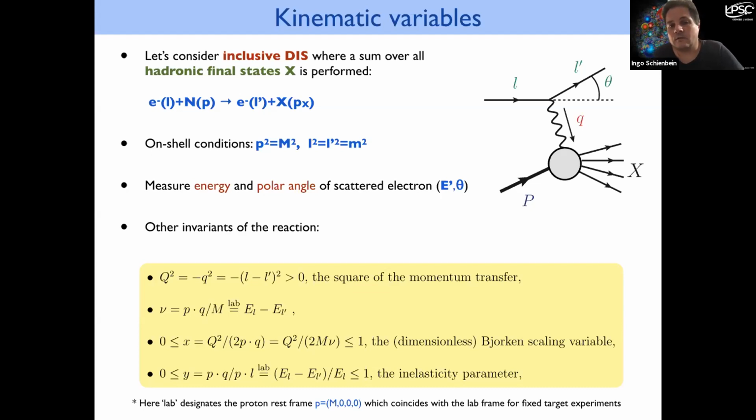But often, instead of using the energy and the polar angle, we describe the process in terms of invariants of the reaction. In this yellow box, there is a list of four invariants which are widely used. One is a big Q squared, which is minus the small q squared, the square of the momentum transfer.